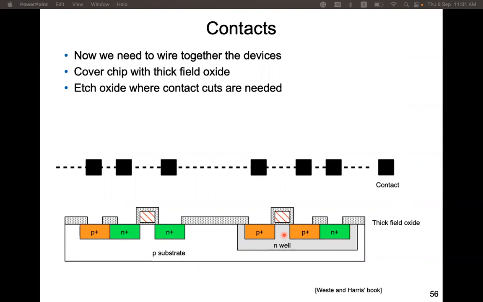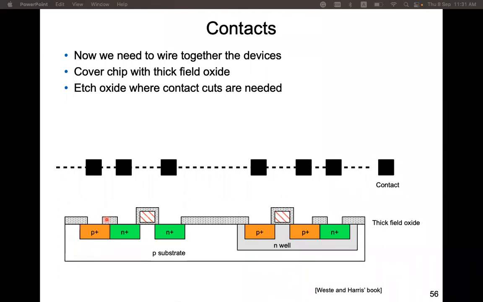So grow a silicon dioxide layer over the entire wafer, then spin the photoresist, expose it to the light, then develop the photoresist and remove the unexposed photoresist, and etch the oxide layer. Then apply the process of creating metal contacts.